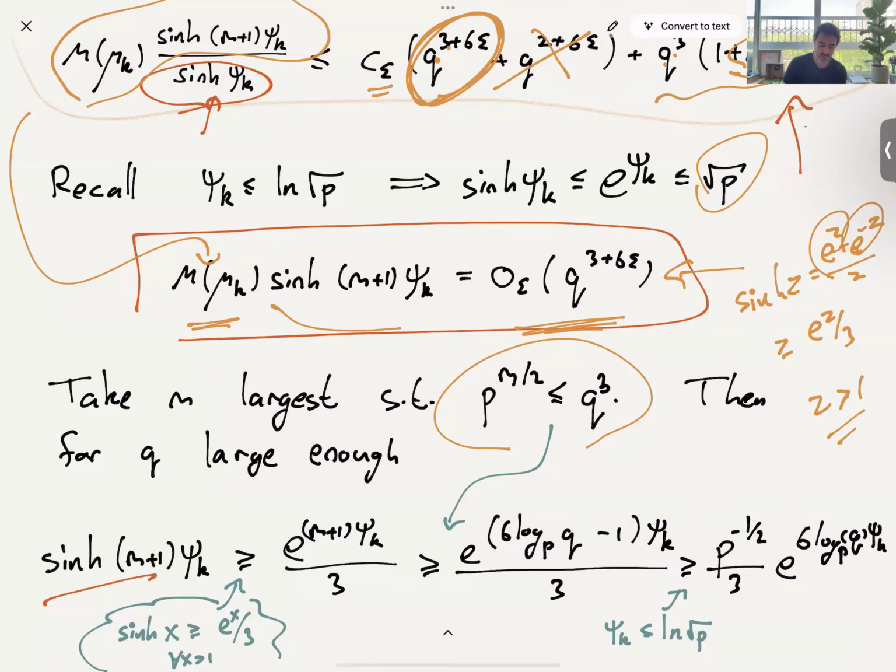So this hyperbolic sine function of m plus 1 times psi k is e to the m plus 1 psi k over 3, and plugging in the bound that we have, because we choose m the largest possible value for which this holds, we know that m is sufficiently large, and so you have this inequality where I can replace m by this expression.